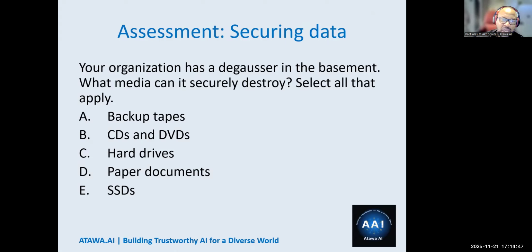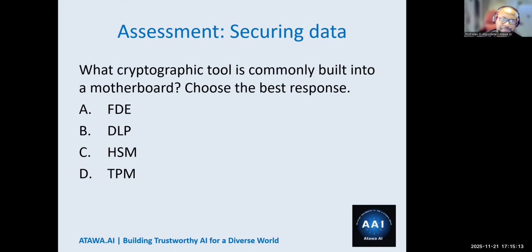So eliminate CDs and DVDs or Blu-rays. Eliminate paper documents. So I've got rid of B and D. I'm now left with A, C, and E. And I just finished telling you that SSDs don't have platters or anything that could be affected by magnets. So it has flash memory. That now leaves you with A and C, backup tapes, right?